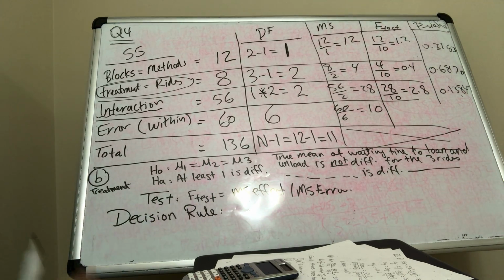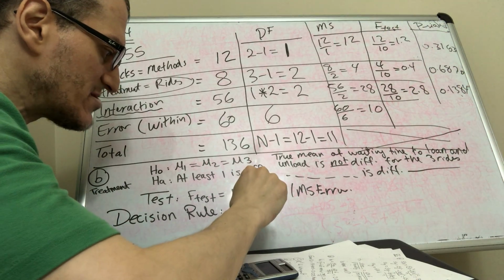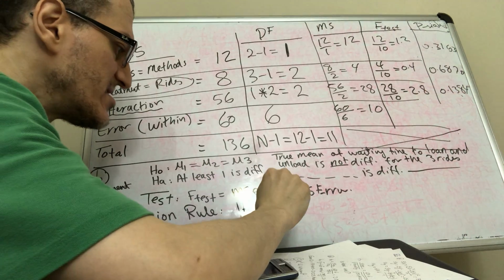Now, in all hypotheses we've done throughout this course, or a huge percentage of them, we've done the classical way. For this, it's easier to do with p-value approach. So decision rule under p-value, and this is standard for p-value.